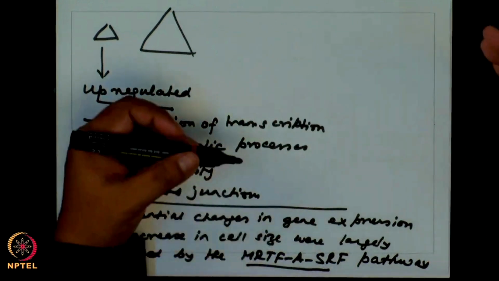When we culture cells, we always supplement with serum. Serum has multiple factors including growth factors as well as ECM proteins which benefit cell growth. So, the SRF pathway is involved in all of these processes.